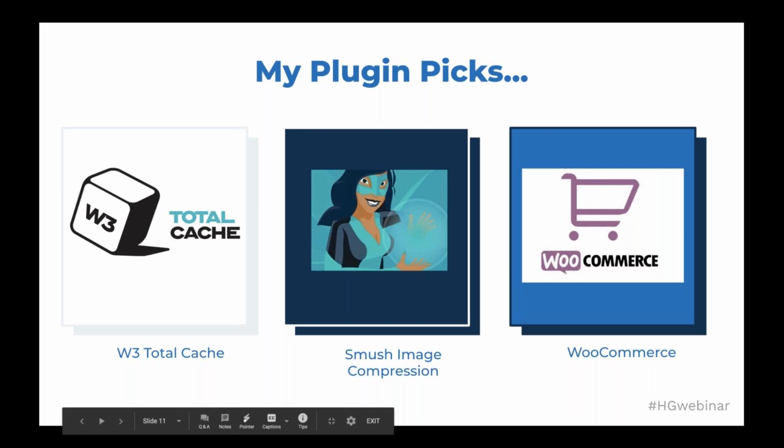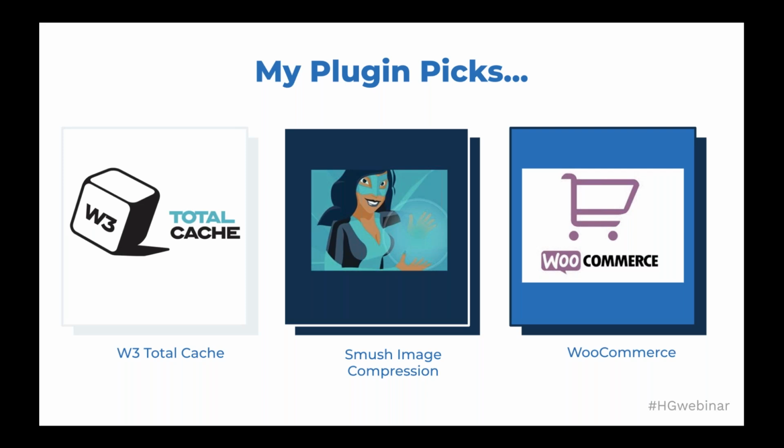Next is WooCommerce. If you are starting an online store, then WooCommerce is our top recommendation for running your online store in WordPress. WooCommerce is a very robust product. It comes with product pages, cart pages, checkout pages, and then there's also extensions to help you calculate taxes.